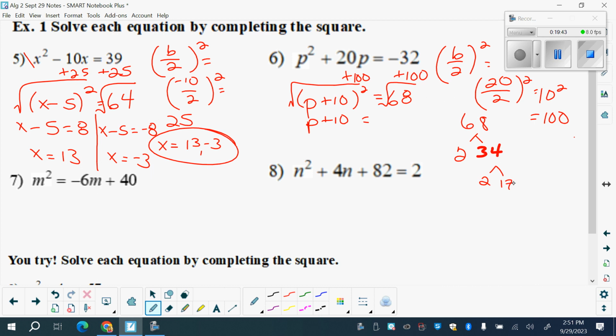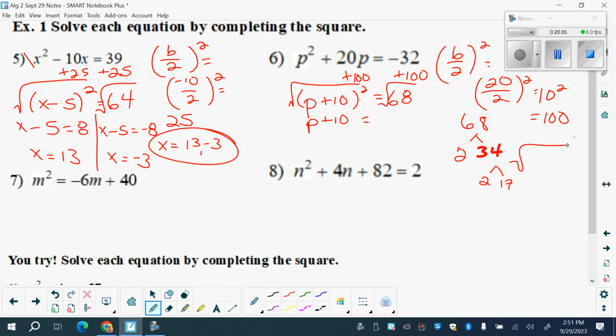And then did you have a question on something? What's the point of adding? So you have to add the 100 in order to be able to get a perfect square. Because our goal is to get a perfect square here. You can if you want.